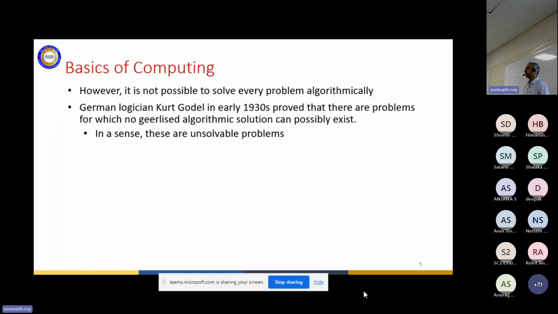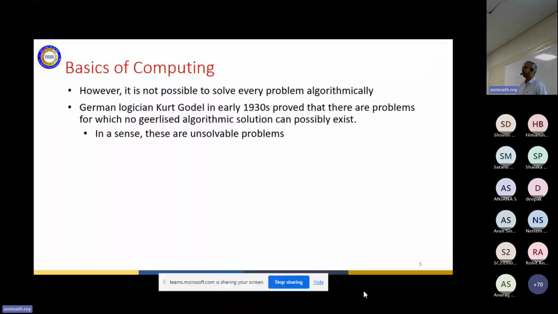But this also should be remembered that while there are theoretically some problems for which there does not exist a solution, it is also possible that, as I shall mention later, there are some problems for which today we don't have an algorithm. But young minds like you can come up with algorithms for problems which were treated as non-solvable.